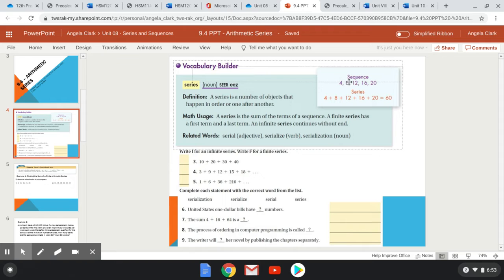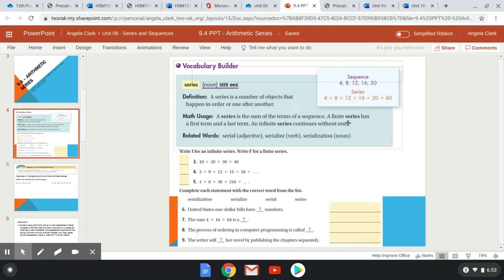As a sequence, we just had a list of numbers. For a series, we're going to have a sum of numbers. We can have a finite series like this, where we have a specific number of terms and ends, and we can sum them up easily.